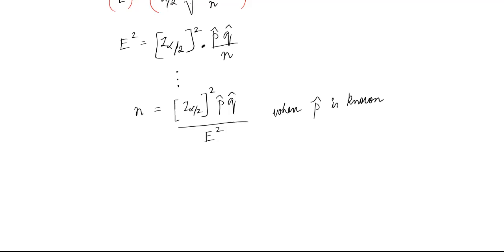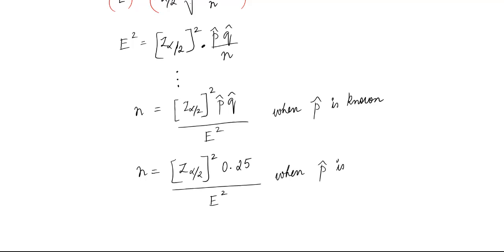But for finding n, the number of people in your survey or the sample size, you may have a condition where you did not know what P hat is. We have a backup for that as well. We're saying just multiply by 0.25 if you did not have P hat. So when P hat is unknown, the P hat Q hat is replaced by 0.25.